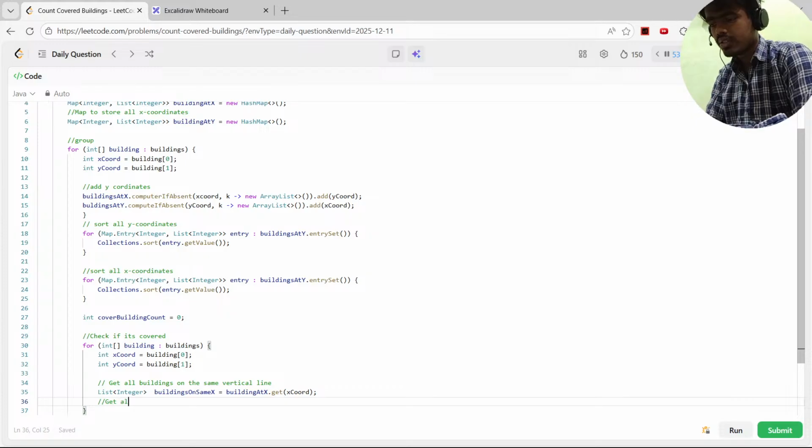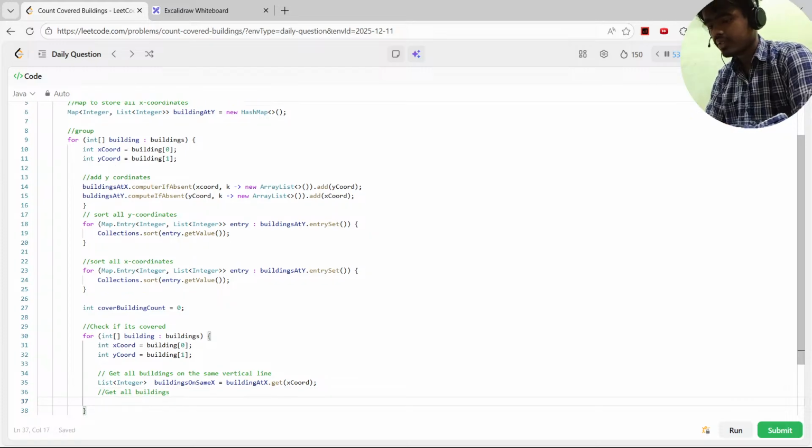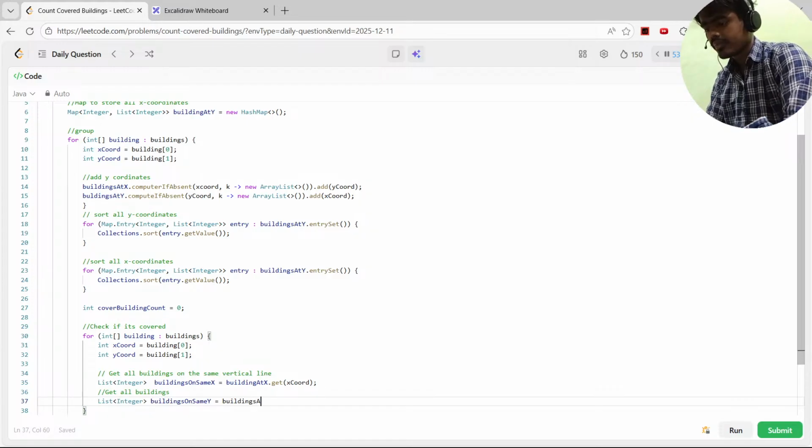And this is like get all buildings on horizontal line, right? Let's write list integer, building on y is equal to buildings, none.